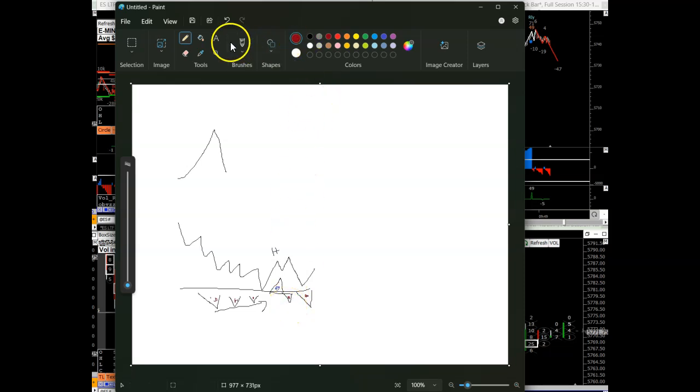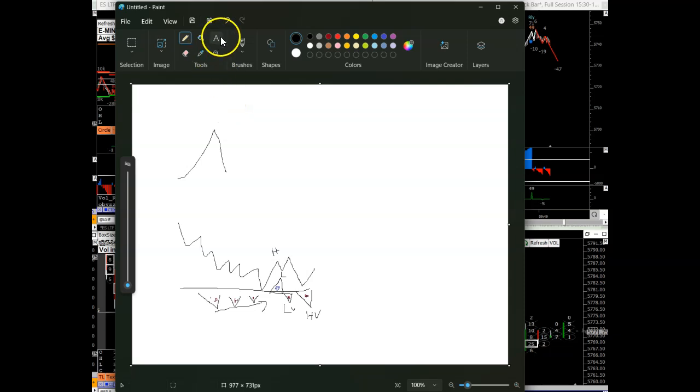If this first pullback has low volume, then I consider this pullback after it with high volume to be some type of effort or climax or shakeout or whatever. Yeah, so the point is that it's the first pullback that needs to be taken into consideration, not just the heavy volume wave after.